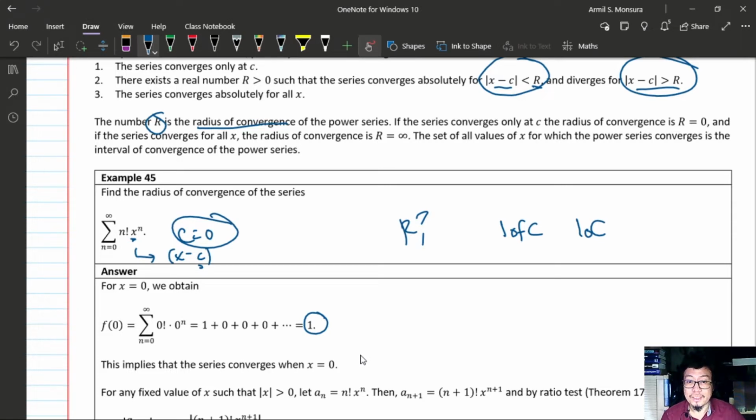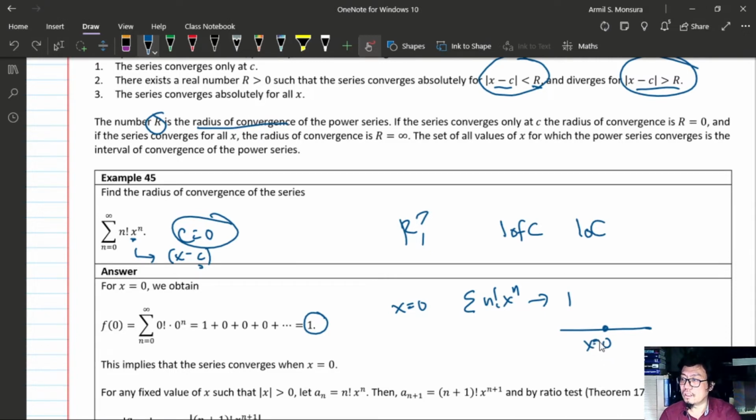That means at x equals 0, your series of n factorial times x raised to n converges to 1. So we have the center of your series.